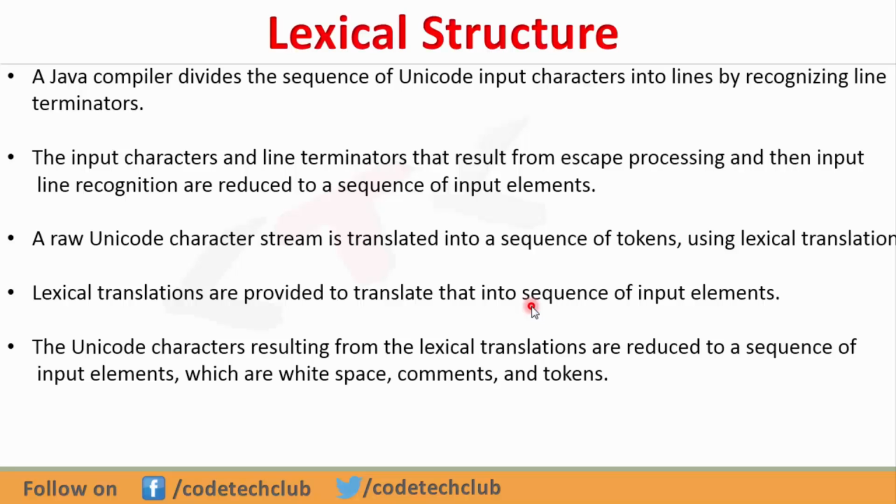All these input characters and line terminators that result from escape processing and input line recognition are reduced to a sequence of input elements. Whatever text we type in the program, that raw Unicode character stream is translated into a sequence of tokens using lexical translation.